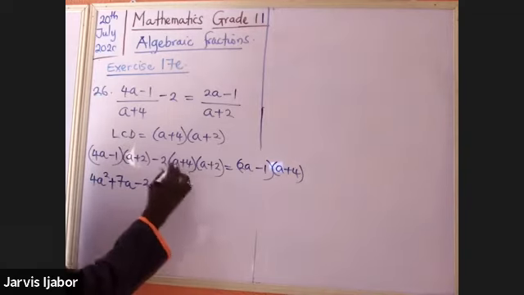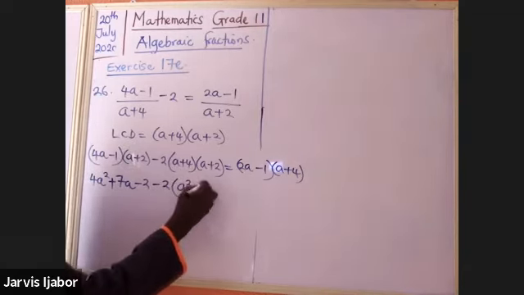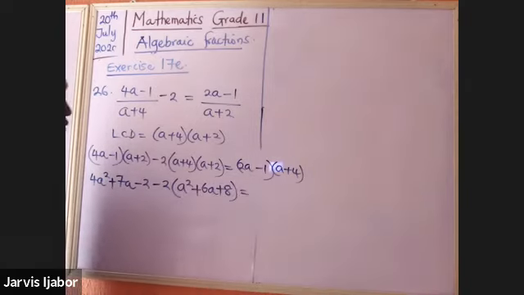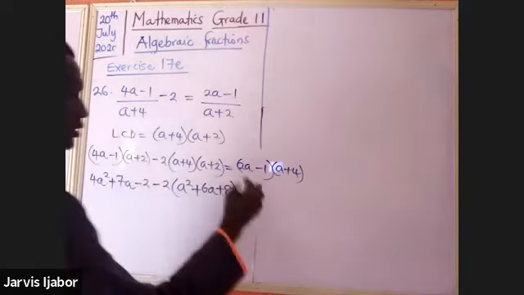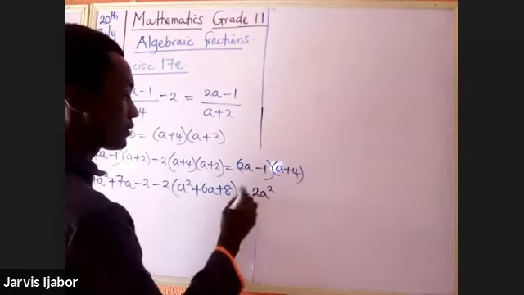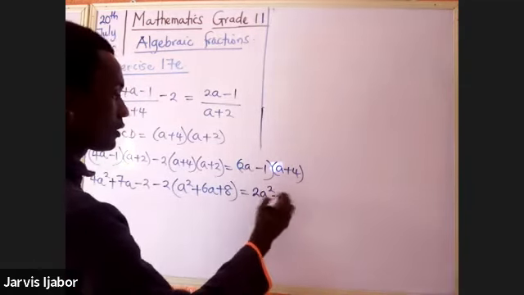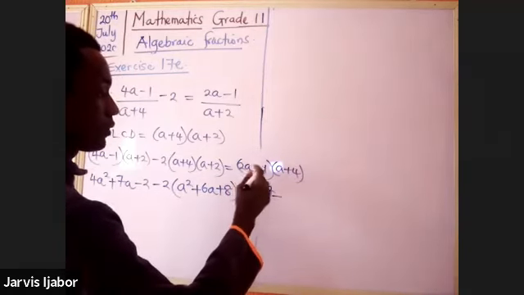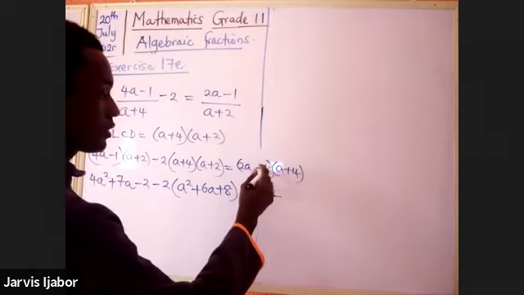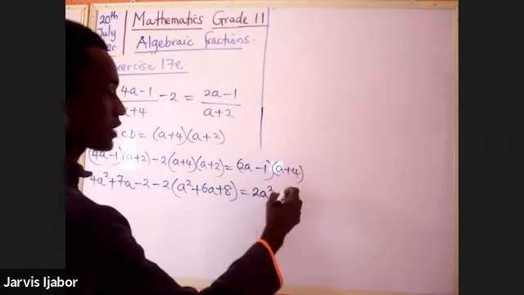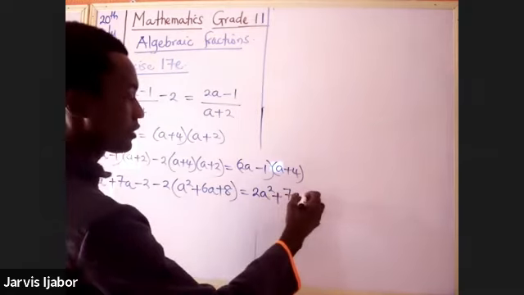A squared plus 6A plus 8 equal to what? 2A squared plus 8A minus A minus 4, that's plus 7A minus 4.